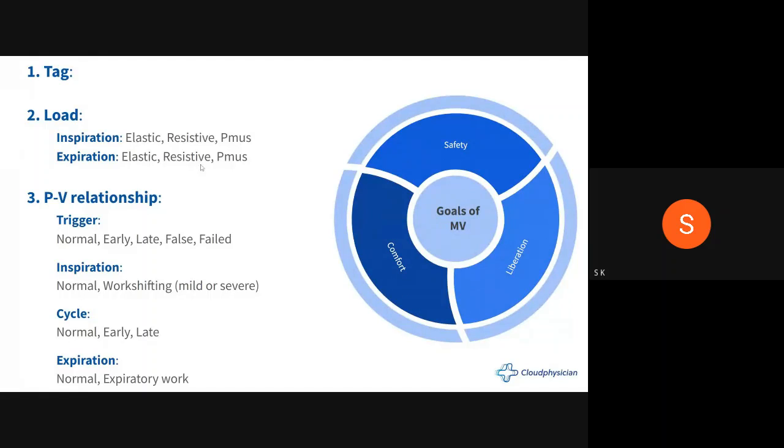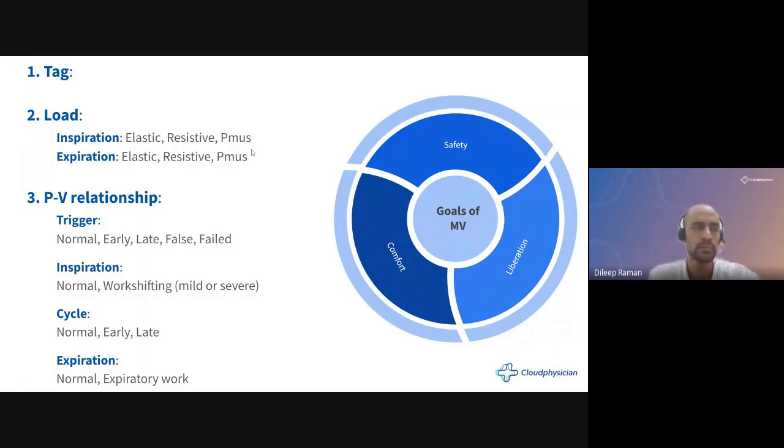No, I can't. You can now? Yeah. Everything revolves around safety, comfort, and liberation, right? If you have a flow trigger setting of 10, the patient needs to generate a flow inwards of 10 liters per second over and above what the bias flow is. That's a lot of effort.